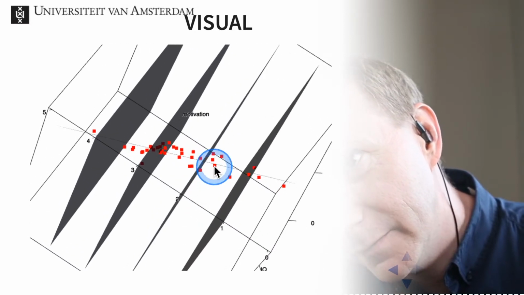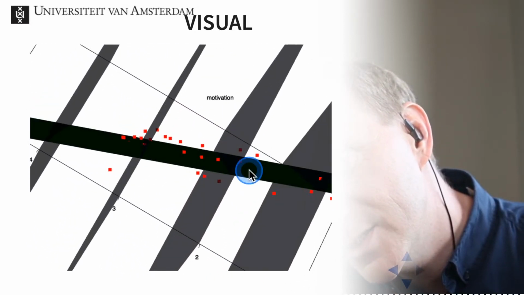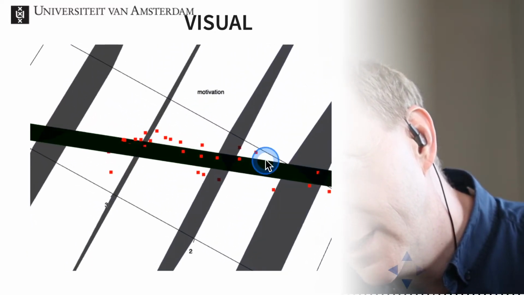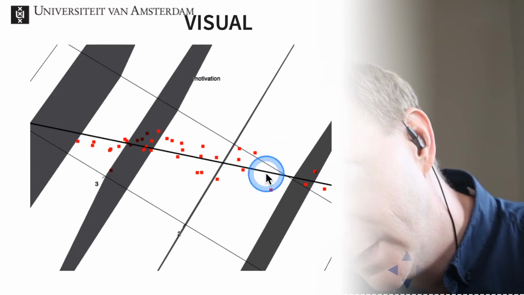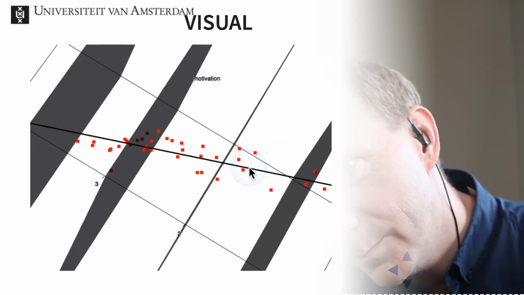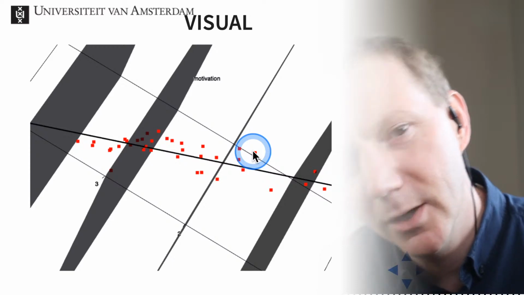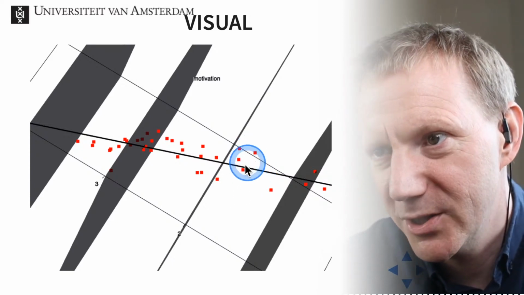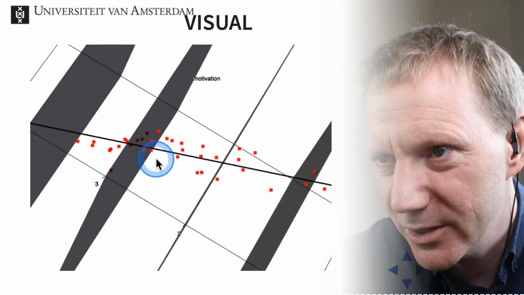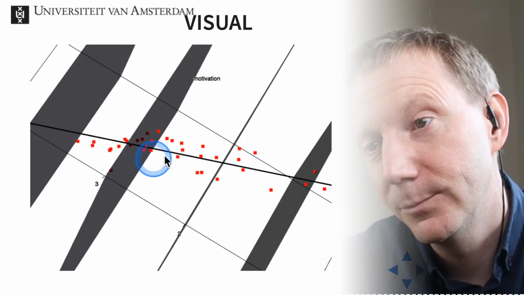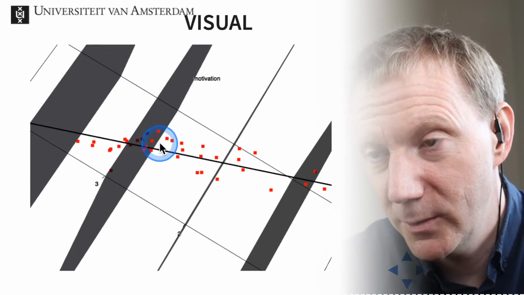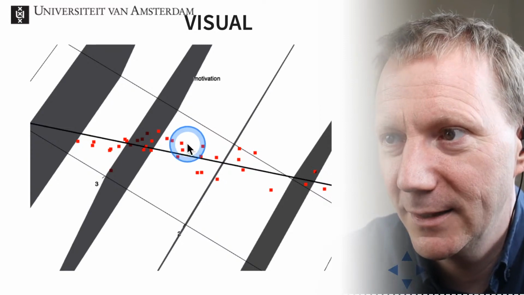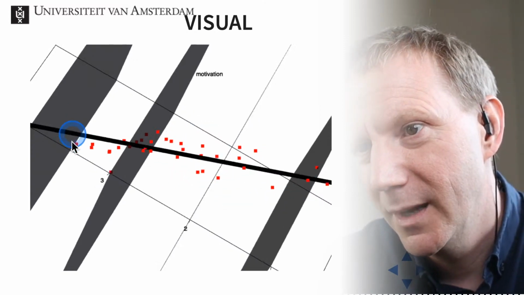So if this is the green plane, the distance between that green plane, the expected outcome, and the actual outcome, the actual score of the individual, that is the unexplained part. So you see that we have all these dots very close to our expected outcome, our model. So that is the unexplained part.